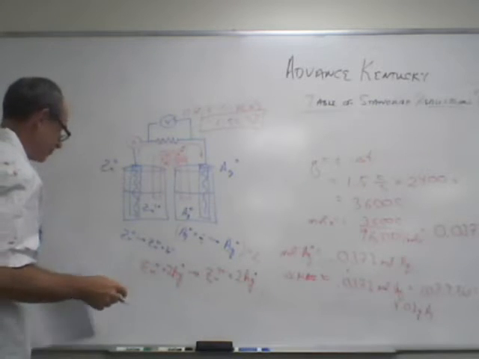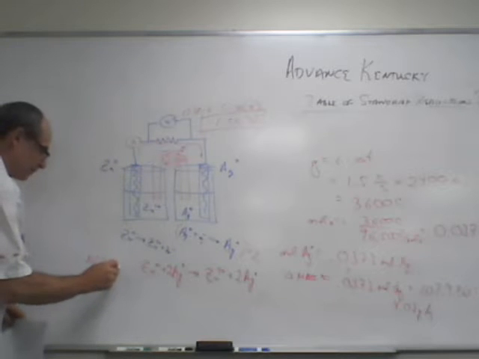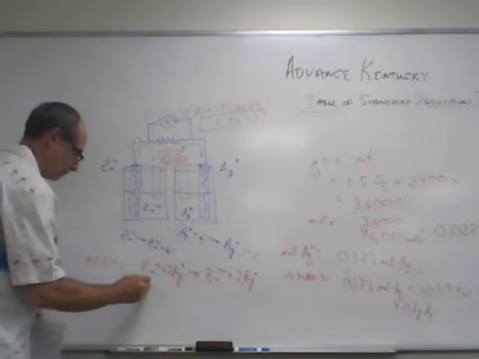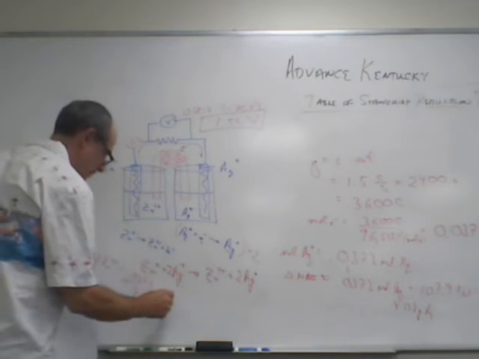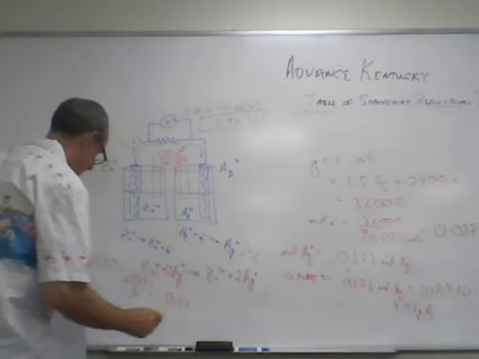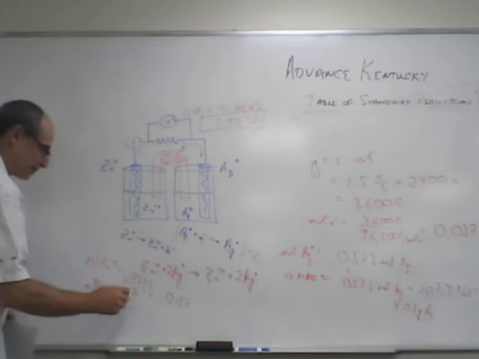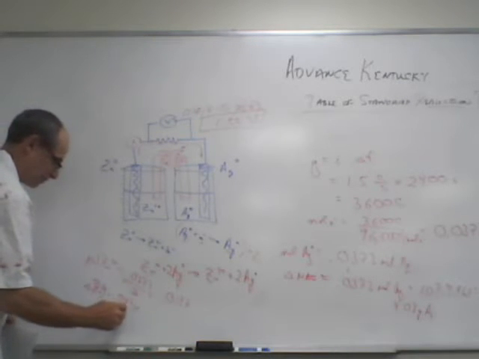So the moles of zinc ion formed would be 0.0373 over 2, which works out to be 0.0187. And the change in the concentration of zinc ion would be the number of moles per liter, so 0.0187 moles over 0.2 liters.